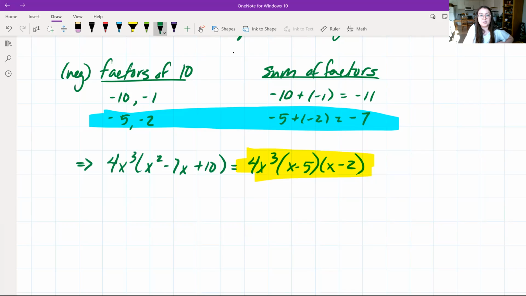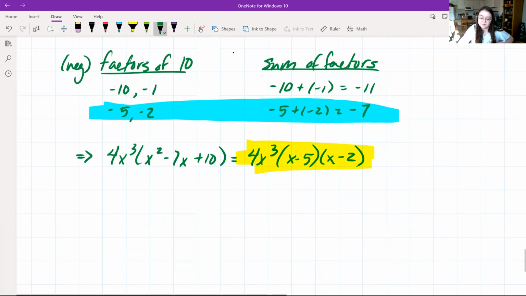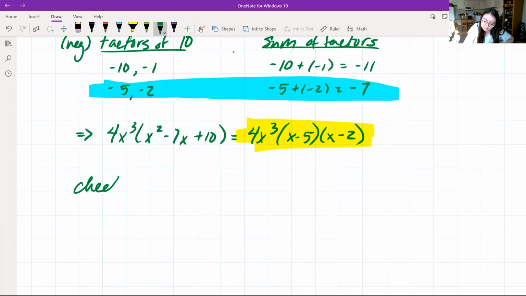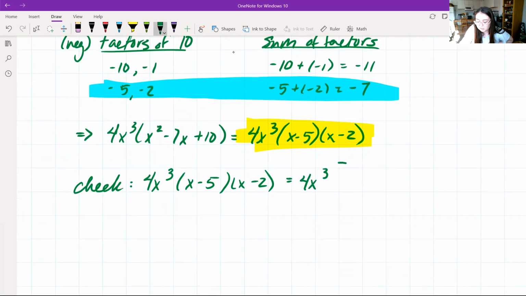And lastly, we just want to check and make sure that this is correct. So in our check, we're going to multiply out our polynomial and then we'll multiply by our coefficient. So we have 4x cubed times x minus 5 times x minus 2. This is going to be equal to 4x cubed times, and now we're going to FOIL.